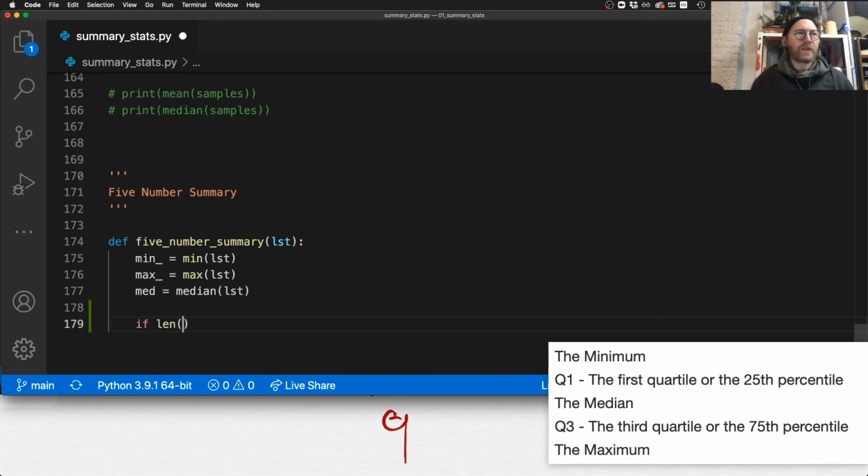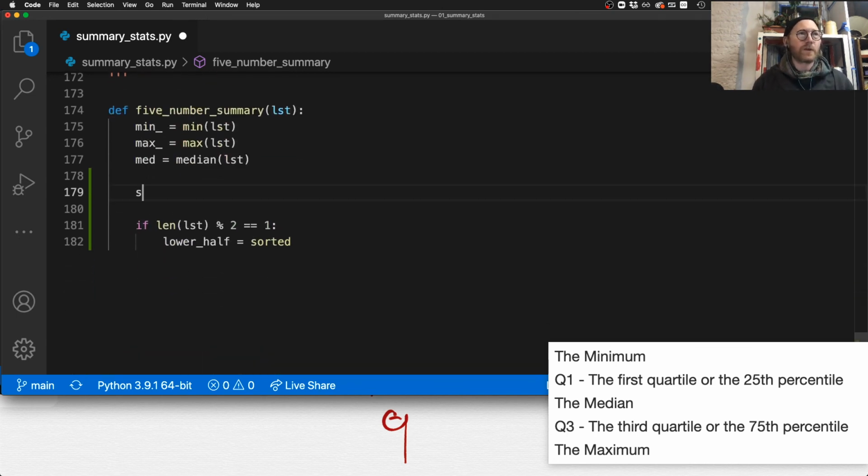So if the length of the list, modulo 2, if it's odd, right? If mod 2 is 1, then it's an odd length list. Then let's get the lower half. So the lower half is going to be the sorted list, which, why don't I grab that so I don't have to retype it a bunch of times. I'll just call this sorted list, and that'll just be the sorted version of the list, as you can see there.